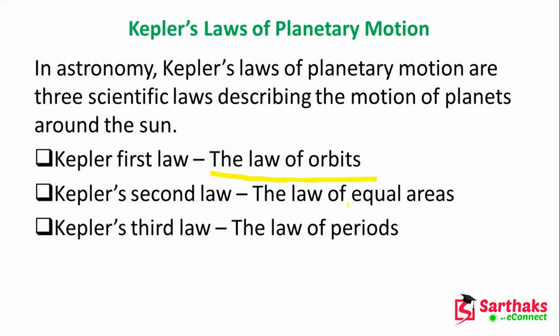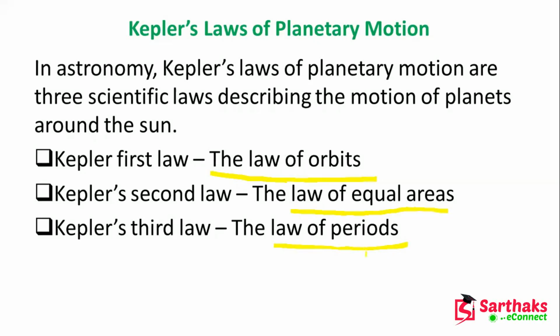In the second law, Kepler stated regarding areas, that is the law of equal areas. And in the third law, he stated the law of periods, that means time periods.